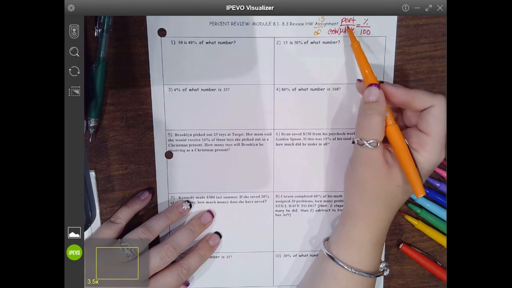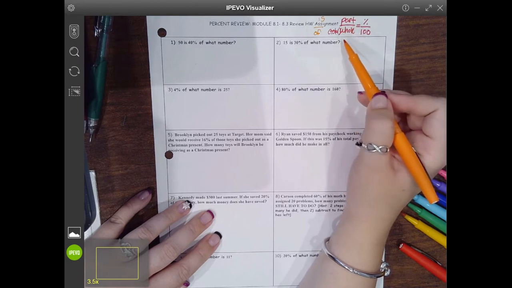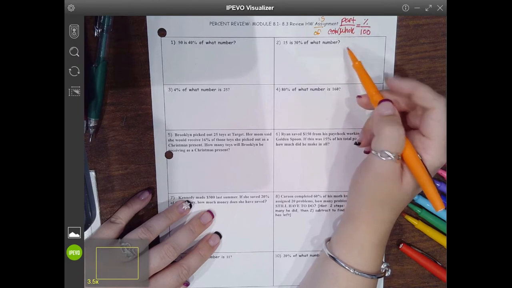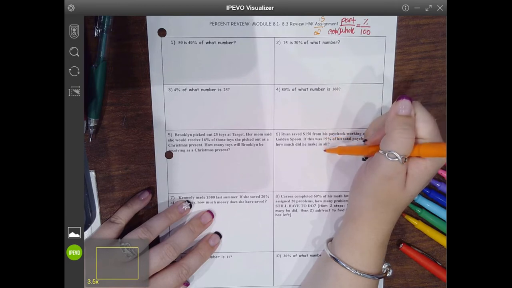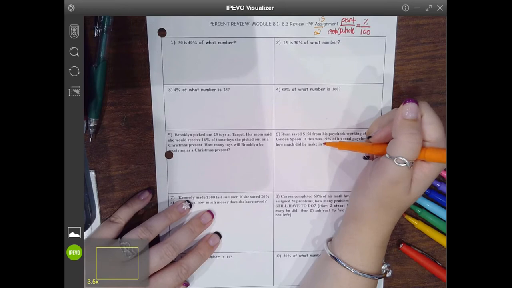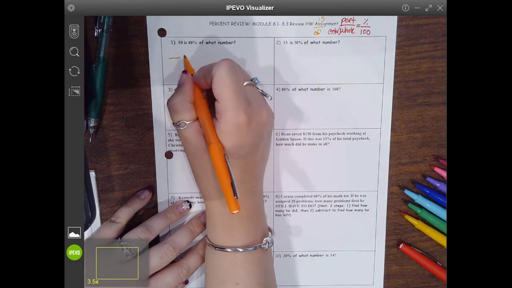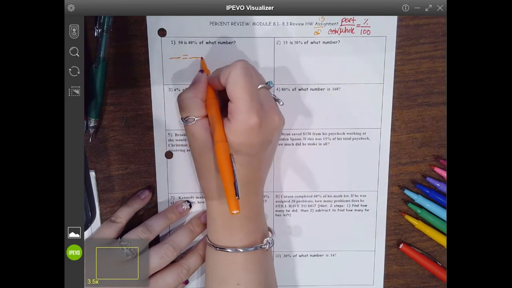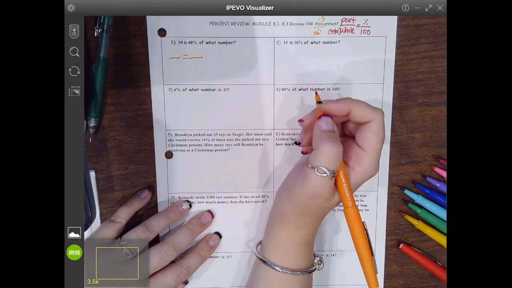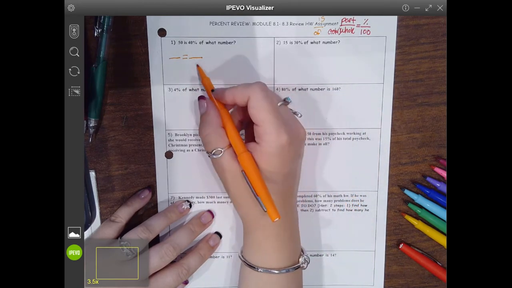So I'm going to fall back on this little proportion quite a bit, whether I'm given a problem like this or if I'm given a word problem. So let's go ahead and take a look at the first one. It says 50 is 40% of what number? So I'm going to set up my proportion for is over of equals percent over 100. And the easiest thing to do first is you know that this is always 100, regardless of the problem.